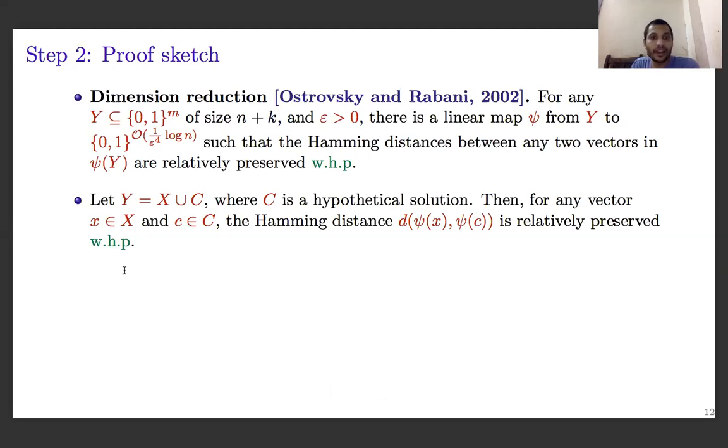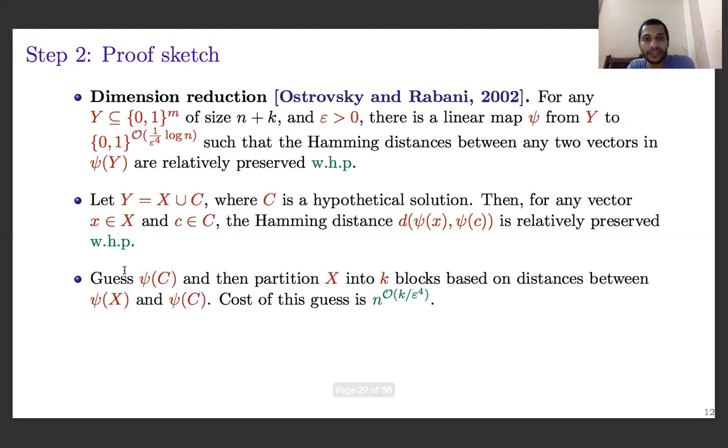And we can construct this psi by applying the theorem of Ostrovsky and Rabani. So we know how to compute psi of x, and we guess psi of c. I don't know c, but I will guess psi of c, and this will cost n to the order k by epsilon to the 4.